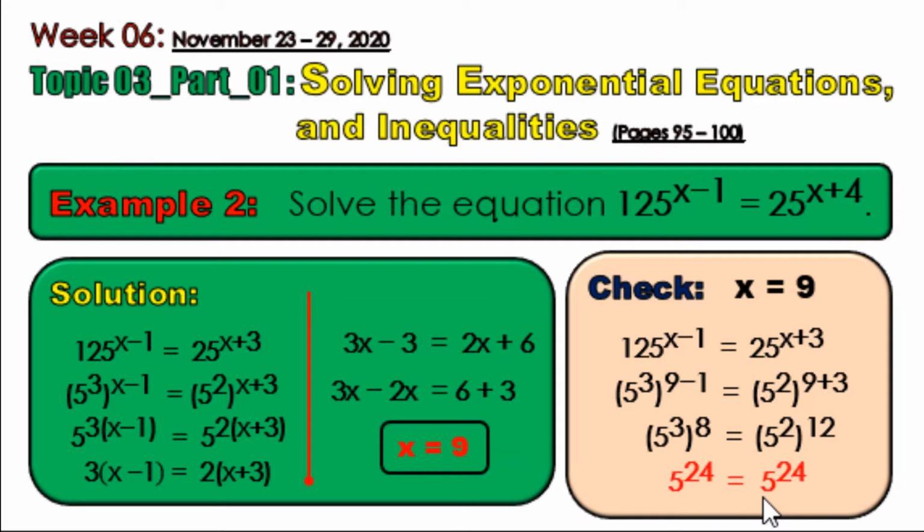Okay, and then 3 times 8 is 24. 2 times 12 is 24, and therefore we have 5 raised to 24 is equal to 5 raised to 24, and therefore we can say that for this exponential equation, the value of x is 9.